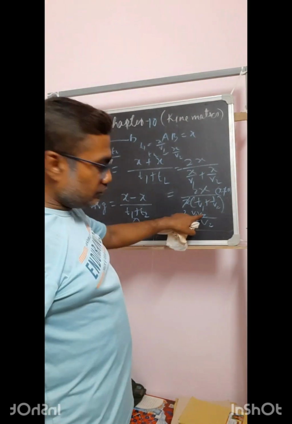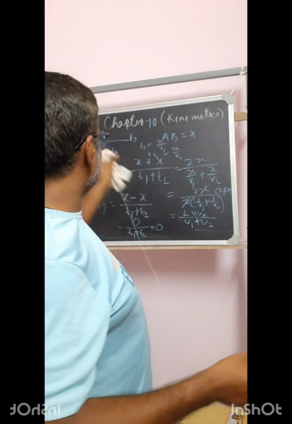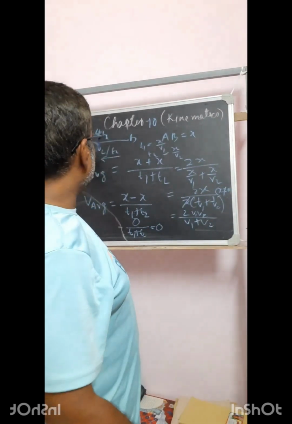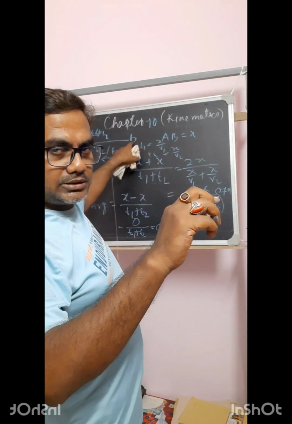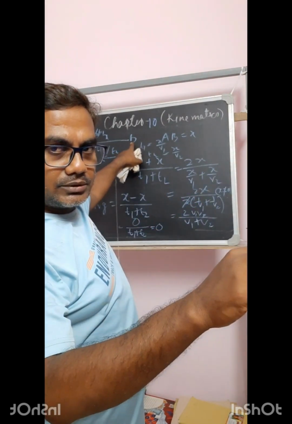But v1 and v2 individually, we can consider them as speed or velocity, because for the individual journey from A to B, if I specifically say, that is considered to have direction and the value in the same direction.